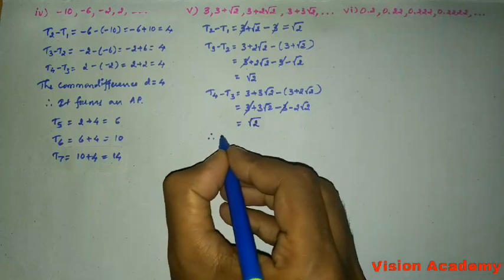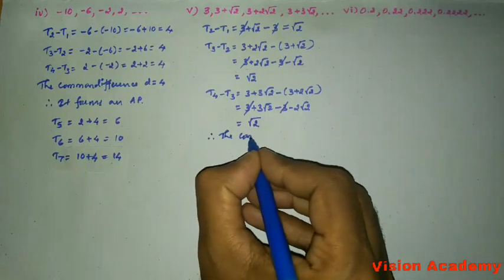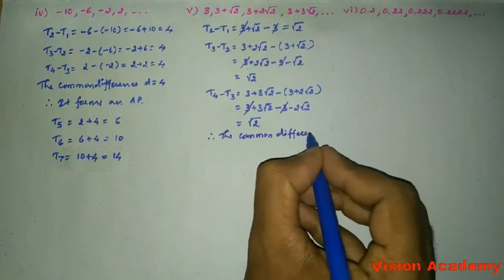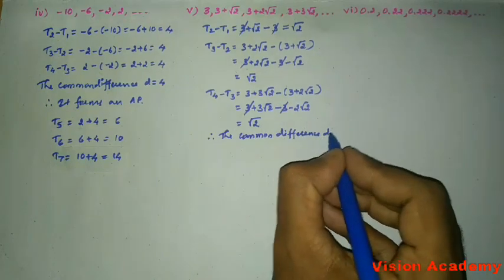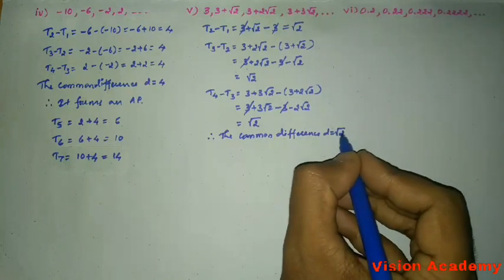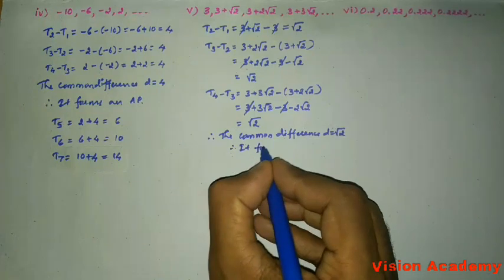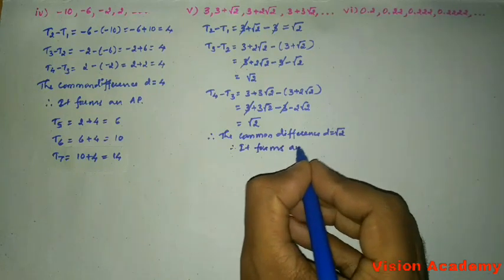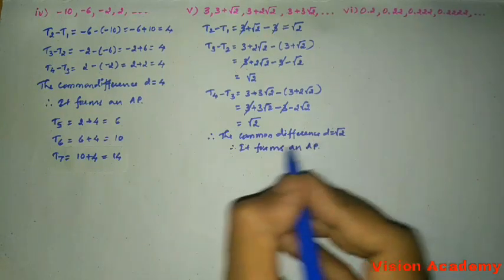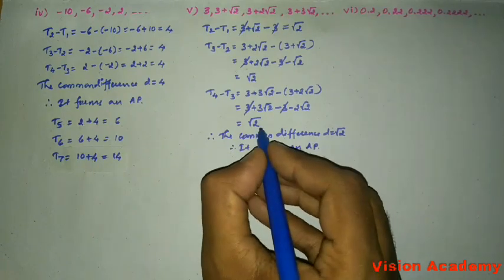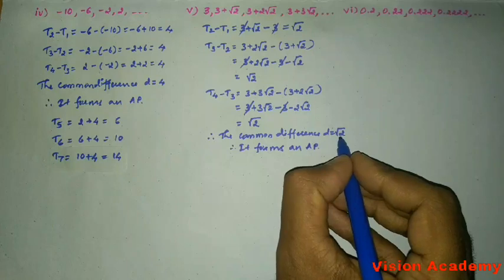So therefore the common difference D is equal to square root of 2, which is the same, therefore it forms an arithmetic progression.